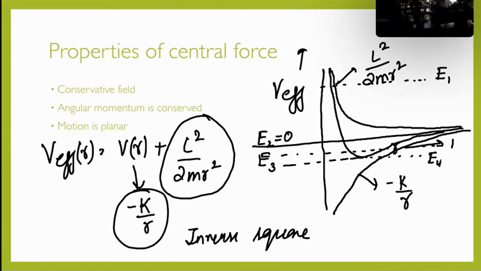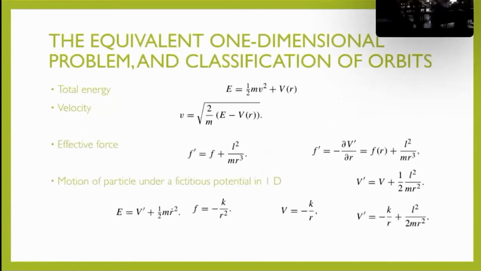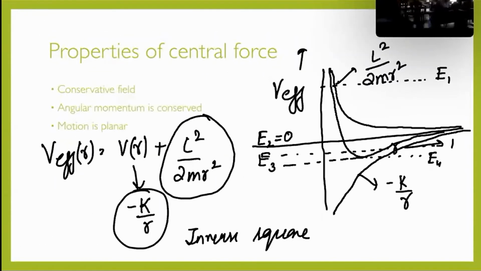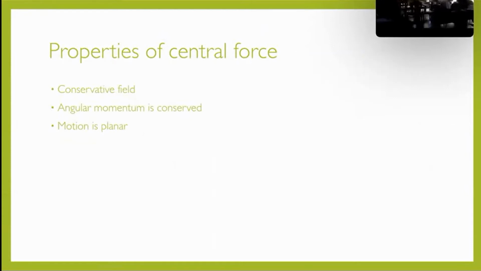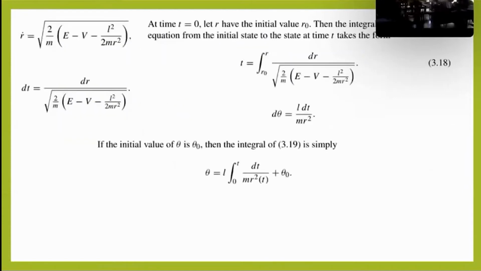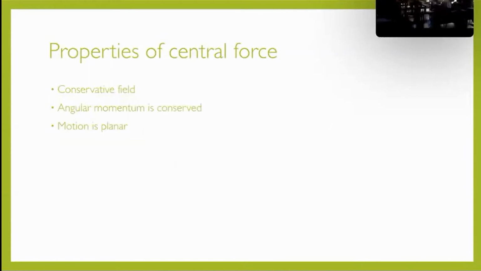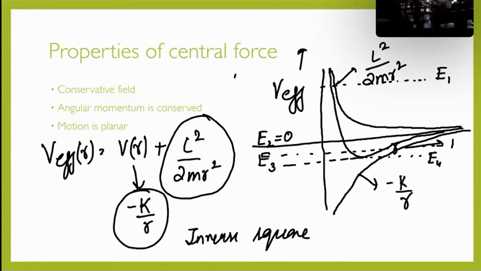For E1, coming to the first part, which is greater than 0, what do I see?